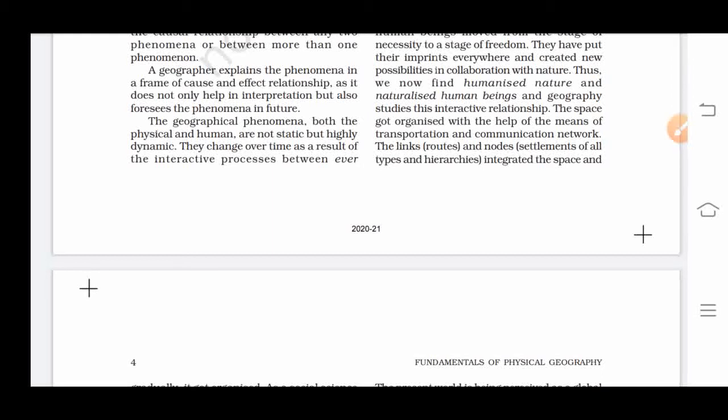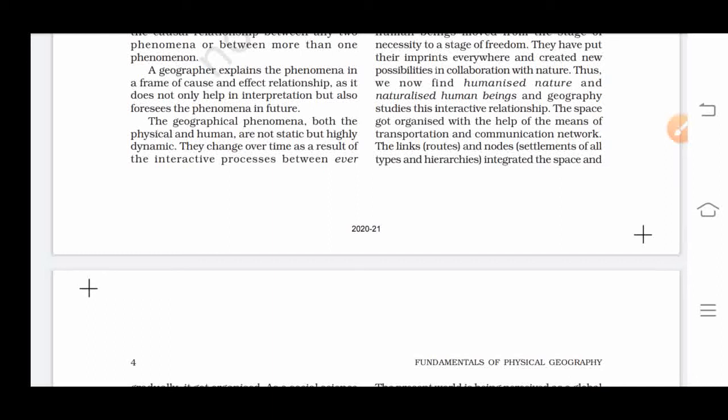Human क्या बहुत ही static है, हम लोग constant है, हमारा change नहीं हो रहा है? Remember, geographical phenomena, चाहे वो physical हो, human हो, they are not static. They have been changing over time. Means जो पहले ज़माने में primitive society में था, उस तरह से क्या हुआ है, geographical phenomena change हुआ है because of interaction between man and environment, or the physical features and the humans.